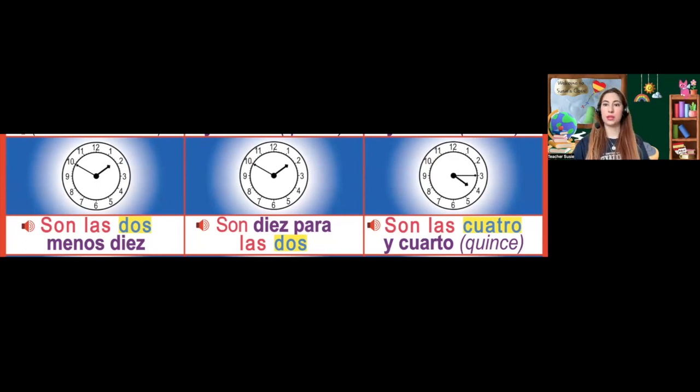It's the same thing, but that's how we say it. ¿Qué hora es? Son las 2 menos 10. Okay. This is another way we say it. Son 10 para las 2. We're saying 10 minutes for 2.